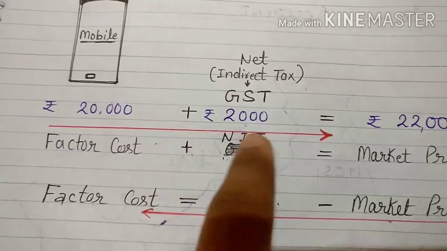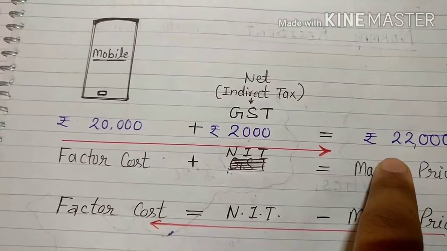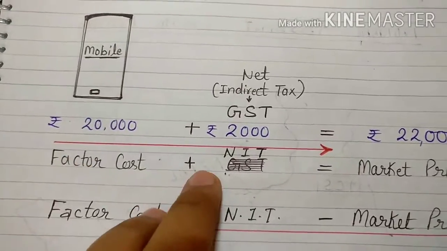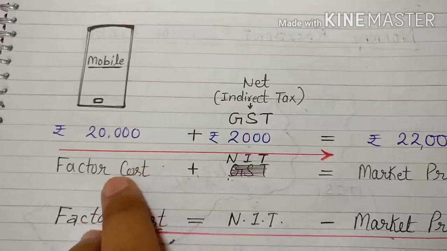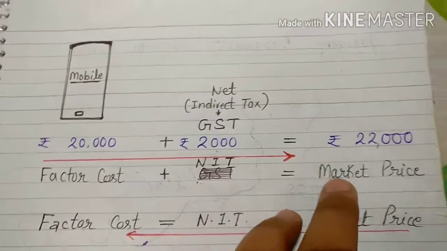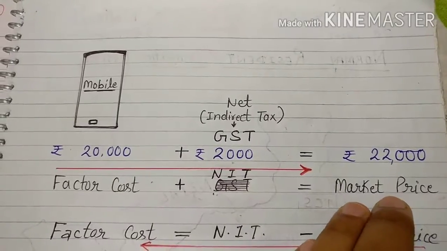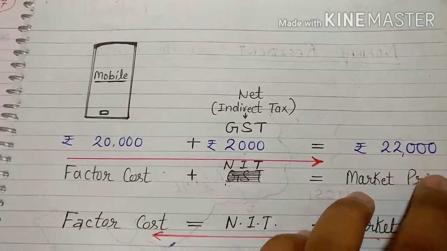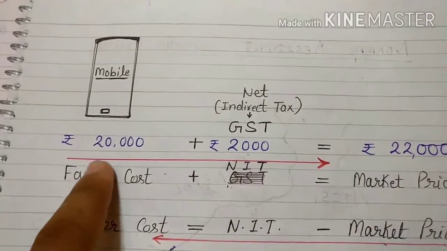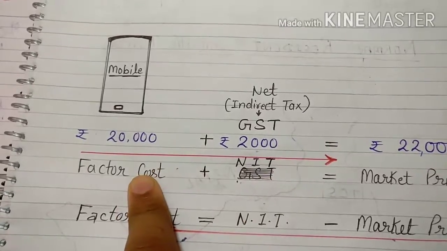So because of the GST, the price of goods increased. Factor cost plus NIT, net indirect tax, or you can say GST, becomes the market price, the actual market price at which we will get this mobile, 22,000. So the actual amount comes by adding the GST, or net indirect tax, to the factor cost.